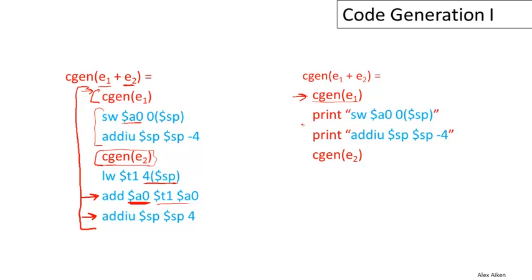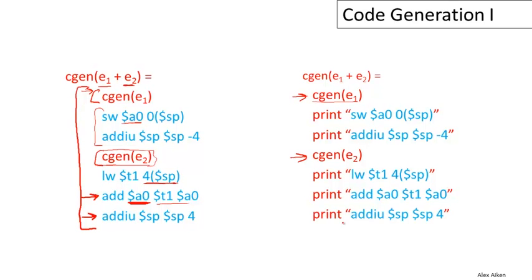And now these calls to code generation are also printing into the same file. So this has printed out the instructions to execute E1. This is printing out the code to do the push. We print out the code to do E2, and then we print out the code to do the add and the pop.